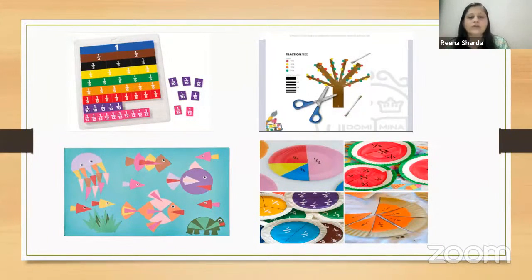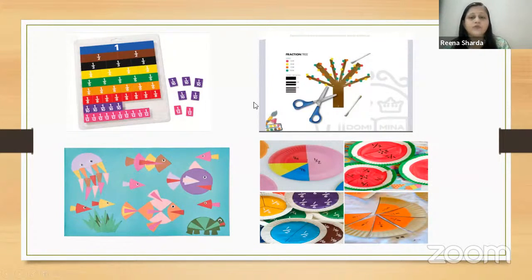So it was one whole circle, then it is half. After that we can cut it into more parts, that is 1 by 4. After cutting, we can ask them to make different drawings out of that, like make an aquarium out of the fractions that you have made of a circular sheet or a paper plate.